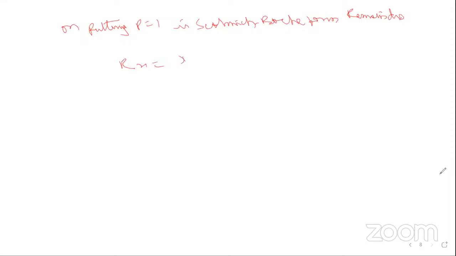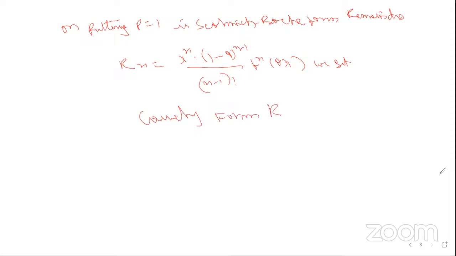Rn is x power n into (1 minus theta) whole power n minus 1, whole divided by n minus 1 factorial, into f to the n of theta x. This is called the Cauchy form of remainder. Hence proved.